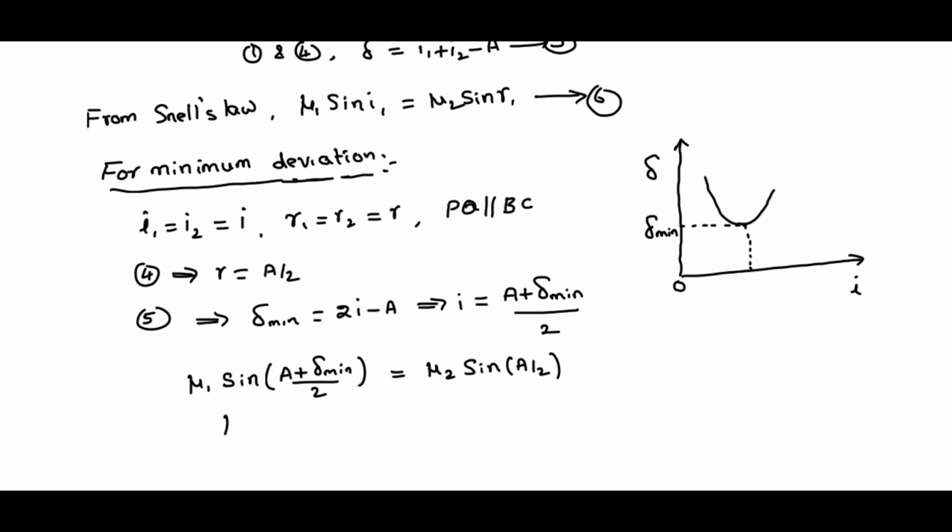From this we can write the refractive index of the prism with respect to the refractive index of the medium is equal to sine of (A plus delta minimum) divided by 2, whole divided by sine of A by 2.